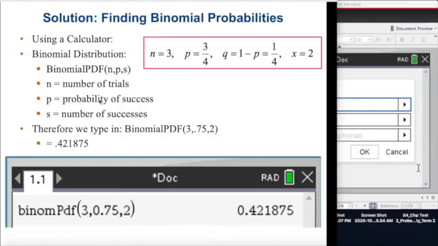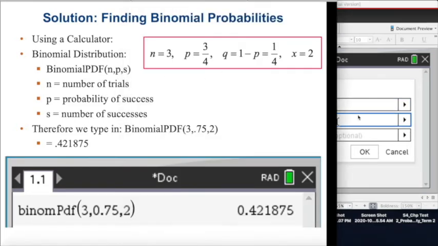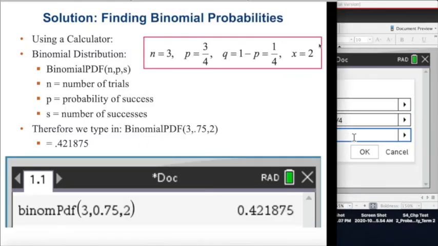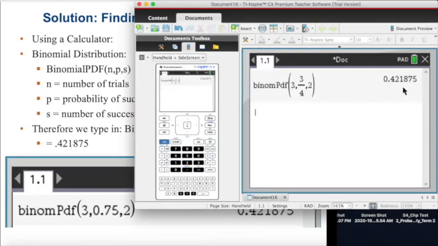Number of trials given there, that's 3. Probability of success is 3 over 4. You can input either decimal or fractional values, it doesn't matter. Here I put a fractional value, and X, here we want 2 successful surgeries. So put 2, click OK. So there you go.